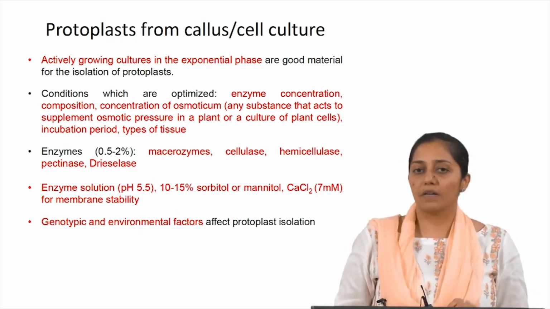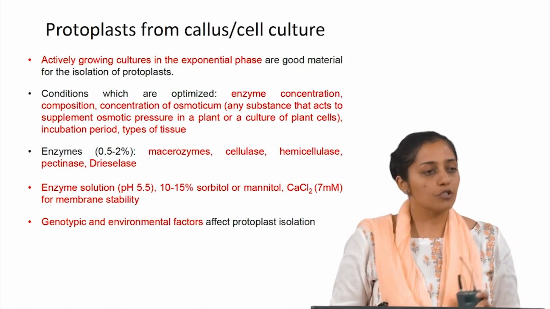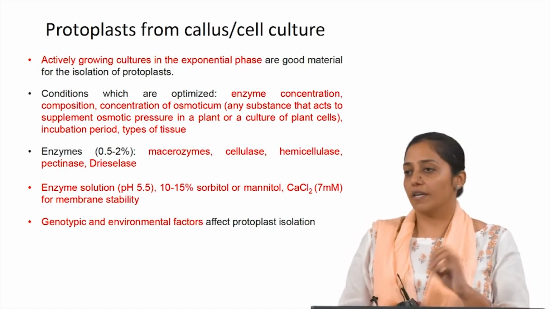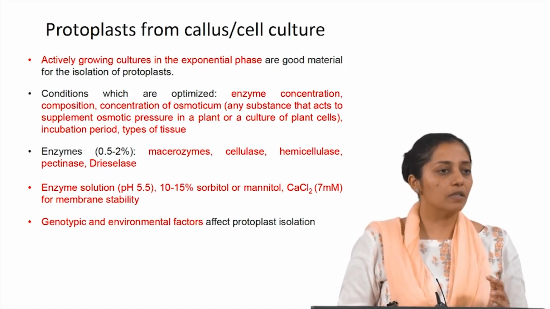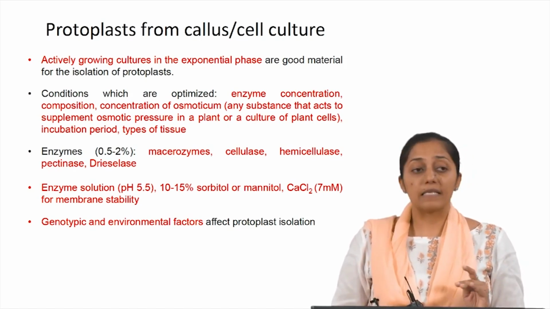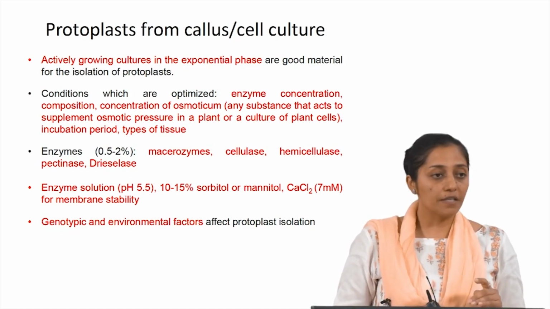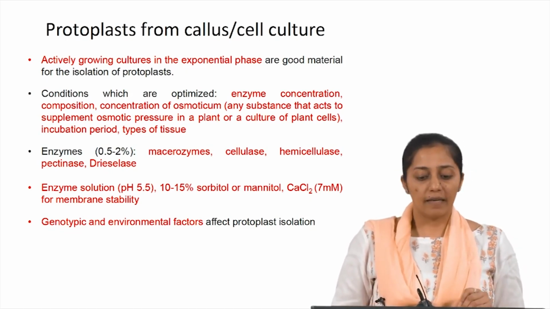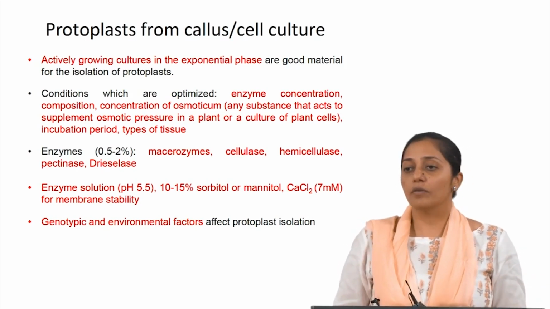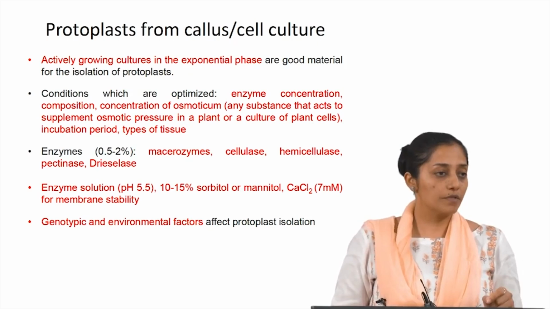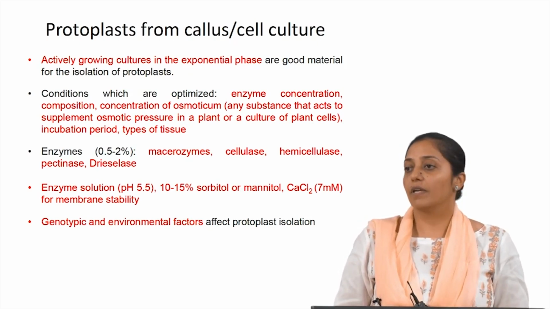of protoplasts. Now the conditions which should be optimized if we want to isolate protoplast are enzyme concentration, exposure time, enzyme composition, what are the different kinds of enzymes we are using, then osmotic pressure, the presence of osmoticums: what kind of solutes, what concentrations we are using.